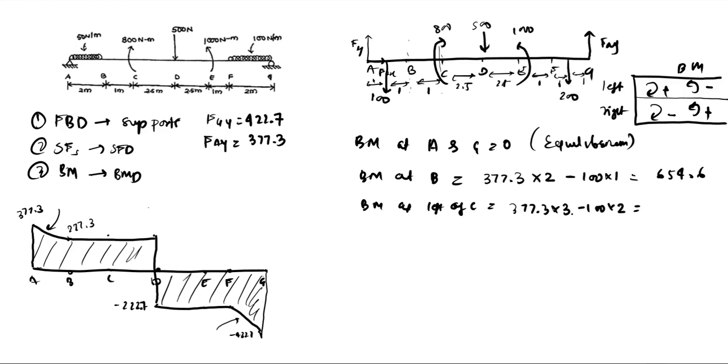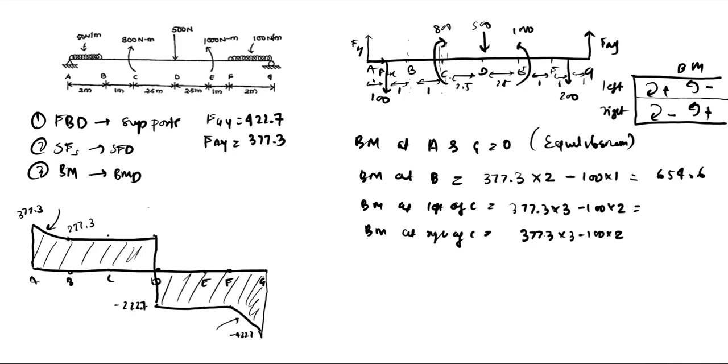The only thing you need to understand here is that whenever you're calculating, let us say, bending moment at right of C, it will be the same 377.3 into 3 minus 100 into 2. Just that there will be an 800 moment you need to consider, because now this clockwise 800 moment which is applying suddenly at the C, you need to consider that also, which you did not do when you were calculating on the left of the C.